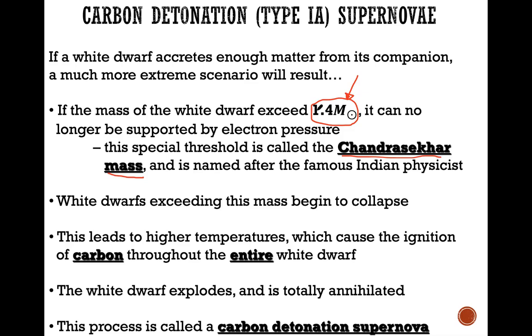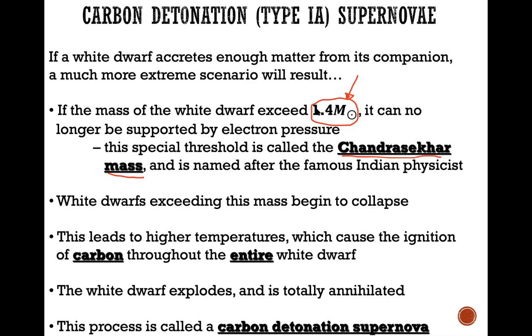Now, when this happens, the temperature of the central region will increase very rapidly, and this will cause a carbon ignition, right? So you remember that in the white dwarf at the central region, you have carbon. This is what we discussed last time.